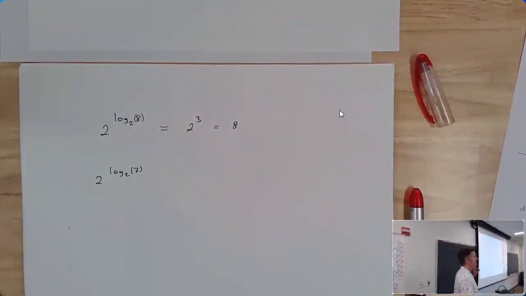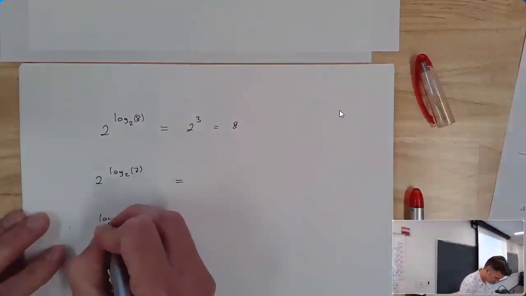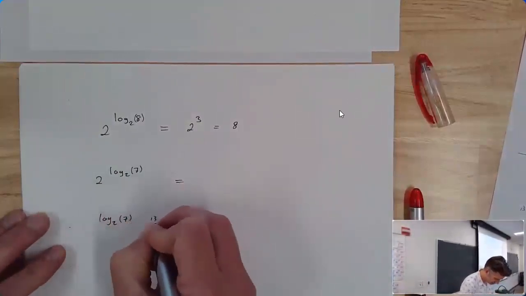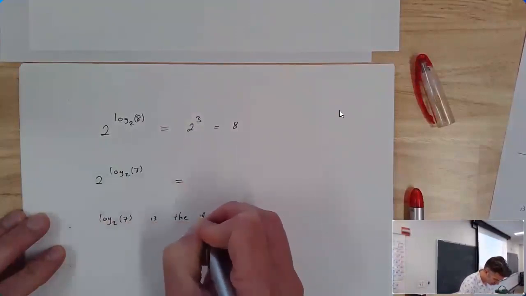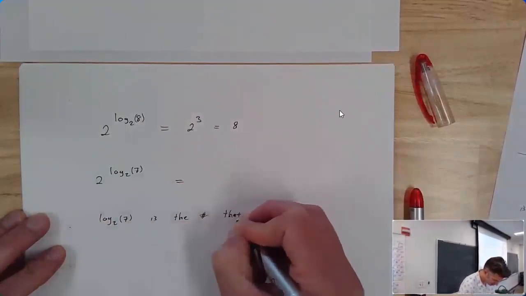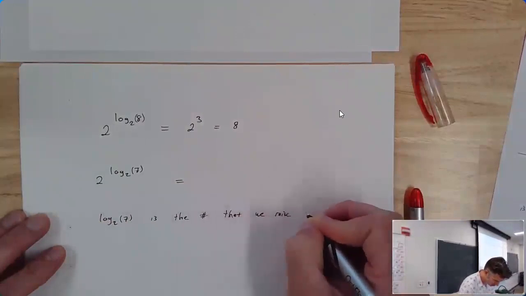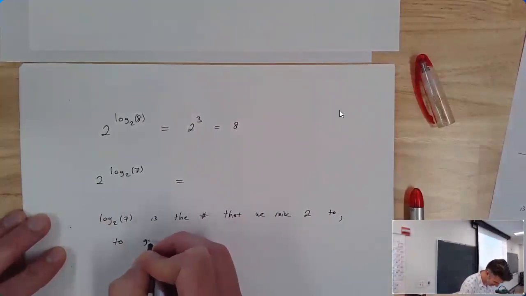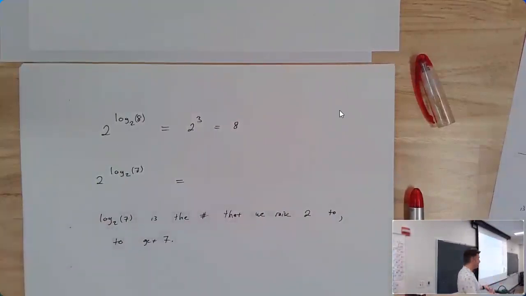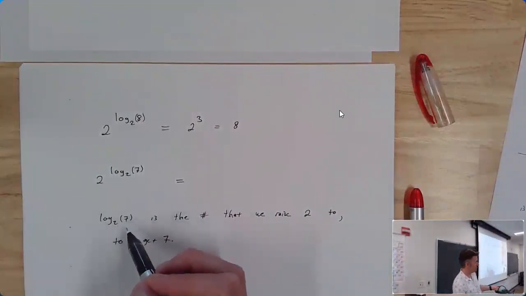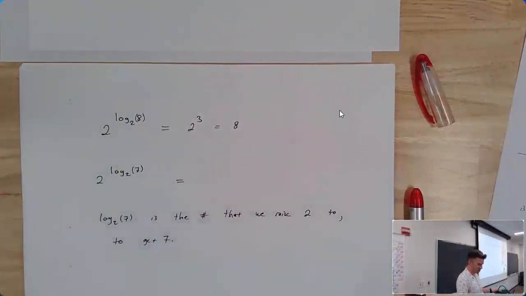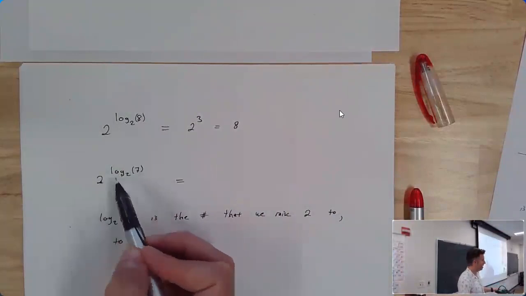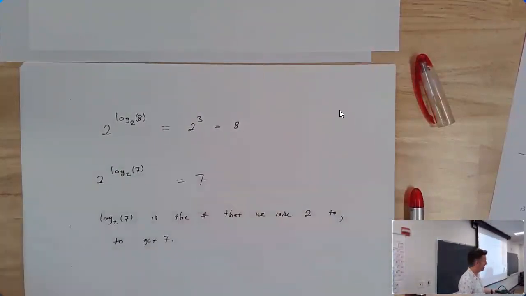But the point is, log base 2 of 7 is the number that we raise 2 to in order to get 7. All right, that's what log base 2 of 7 is. Oh, look what we're doing. We're raising 2 to that number. You better get 7.